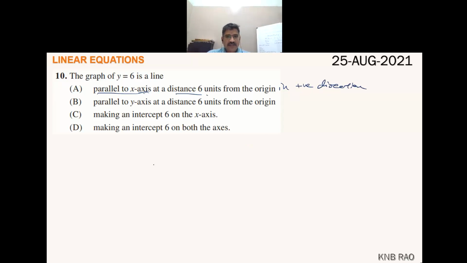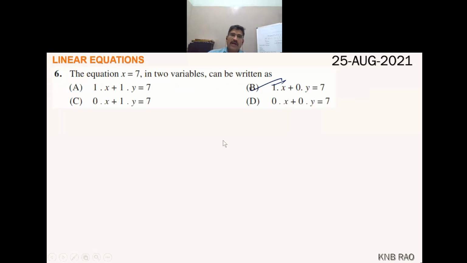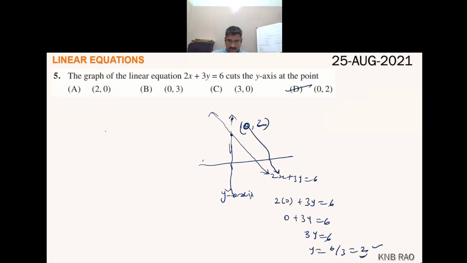Sir, in options C and D they have written intercept. What is the meaning of intercept? Intercept, as I just told you, is about the y-axis. For 2x plus 3y equals 6, this is the point of intersection. It means the cutting point, a point where they both meet each other.